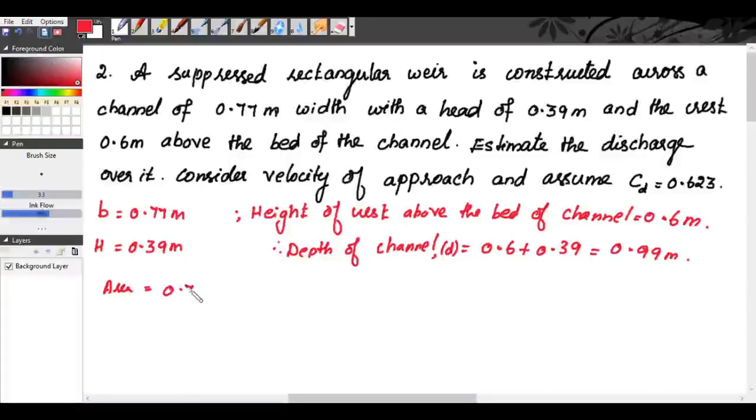So 0.77 multiplied by 0.99. Okay. Now, estimate the discharge over it. We need to find what is the discharge. Consider velocity of approach and assume CD is equal to 0.623.